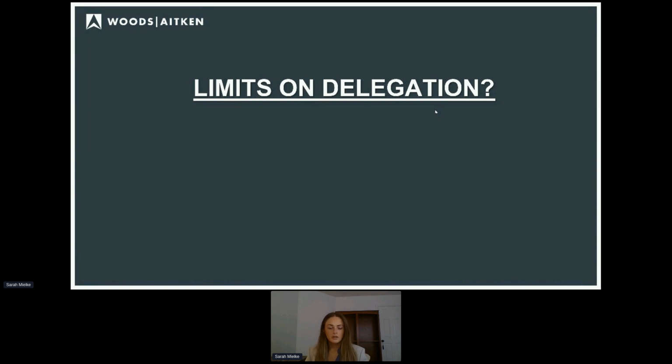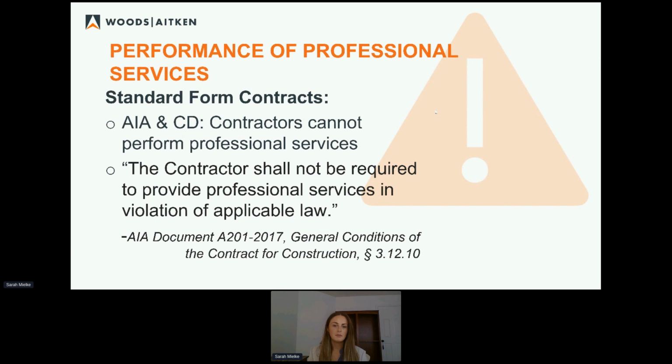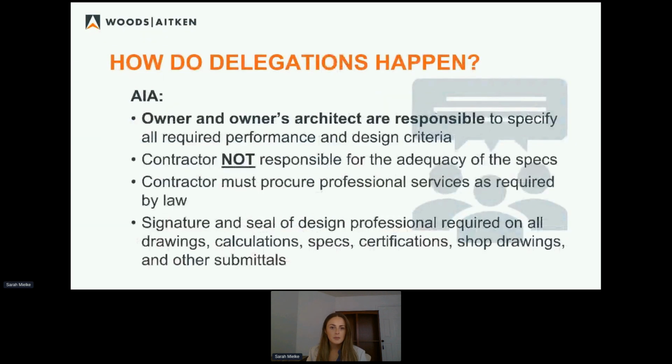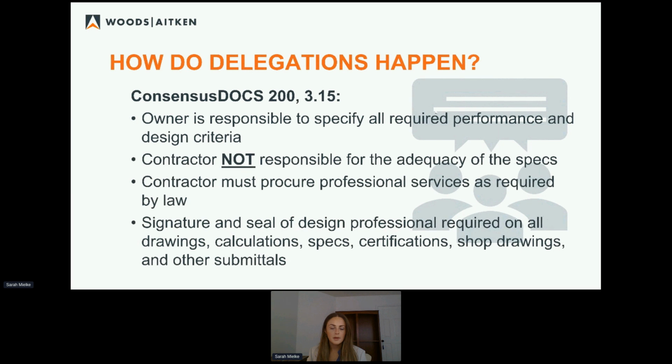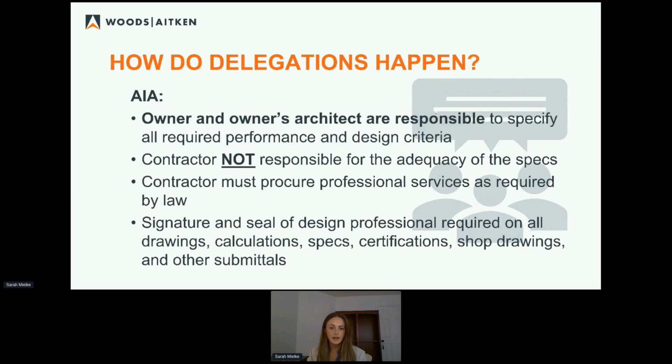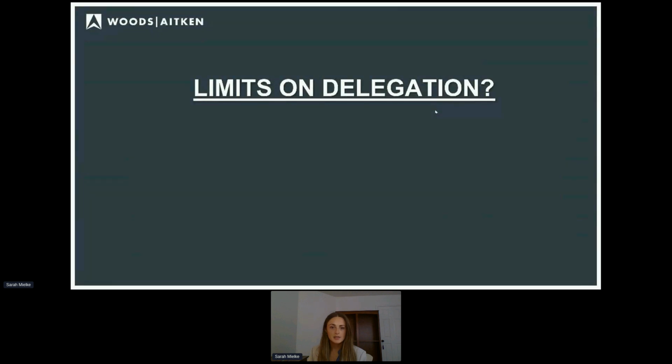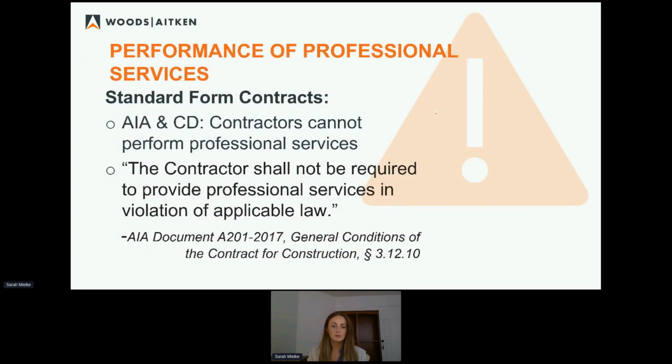So then what are our limits on design delegation? The main limit, and the most important one, the one that we're going to focus on, is the performance of professional services. I mentioned this a couple times in both the Consensus Docs and the AIA. The contractor cannot perform professional services and needs to hire a design professional to perform those services as required by state law.